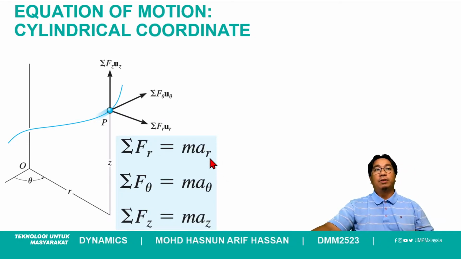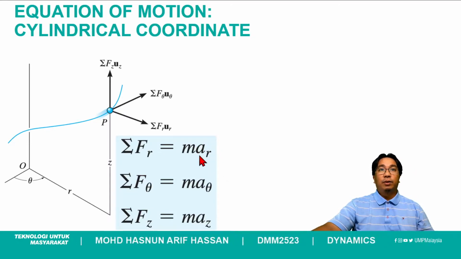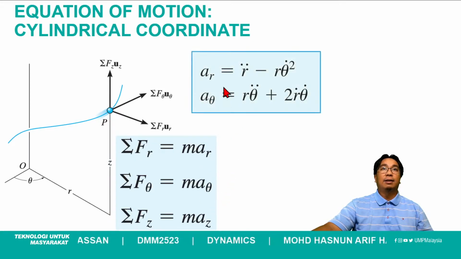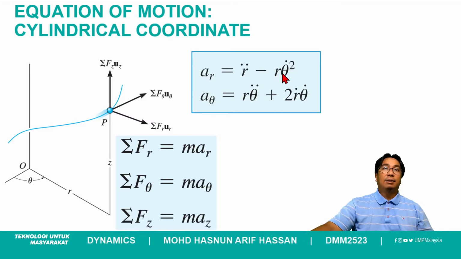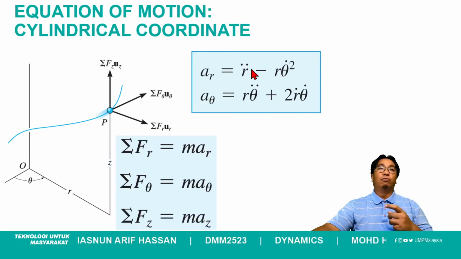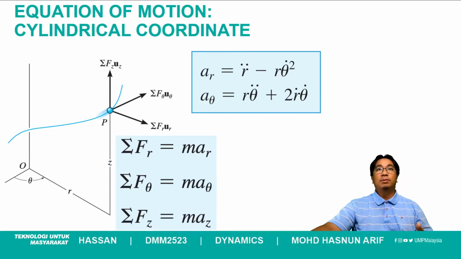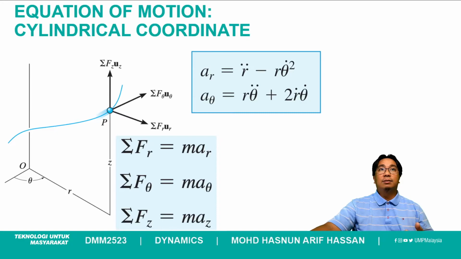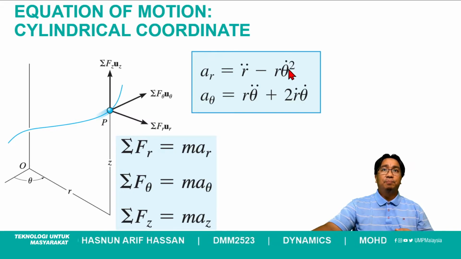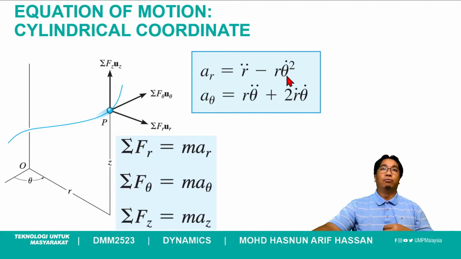And from the previous lesson, we have also defined what is ar and what is a theta. Okay, ar is r double dot minus r times theta dot square. Dot here means d over dt. I have explained many times. Whenever you see a dot symbol, it means that it is d over dt. For example, theta dot means d theta over dt.